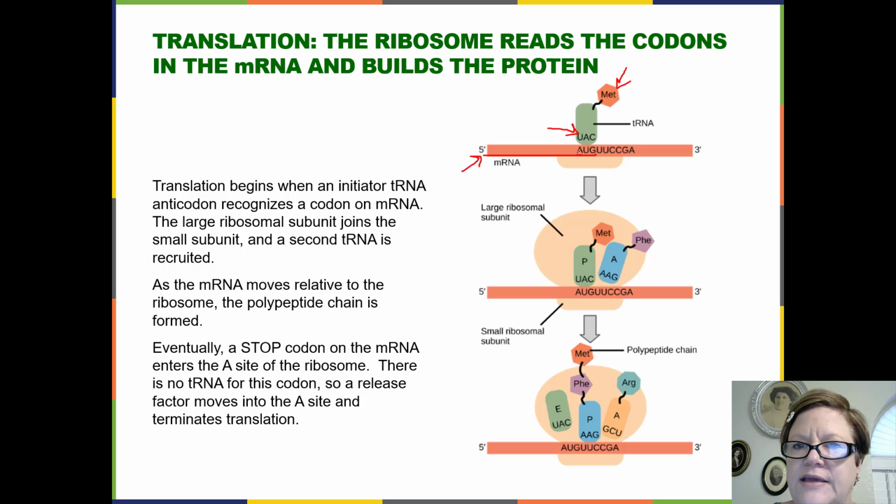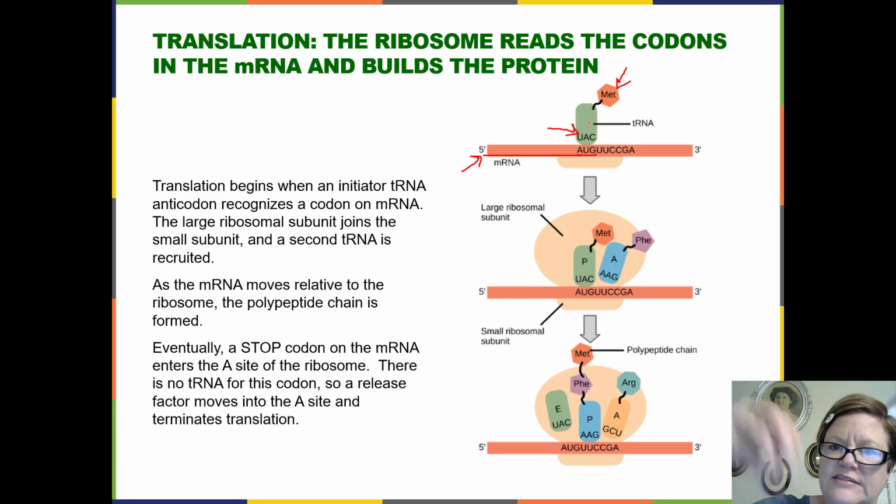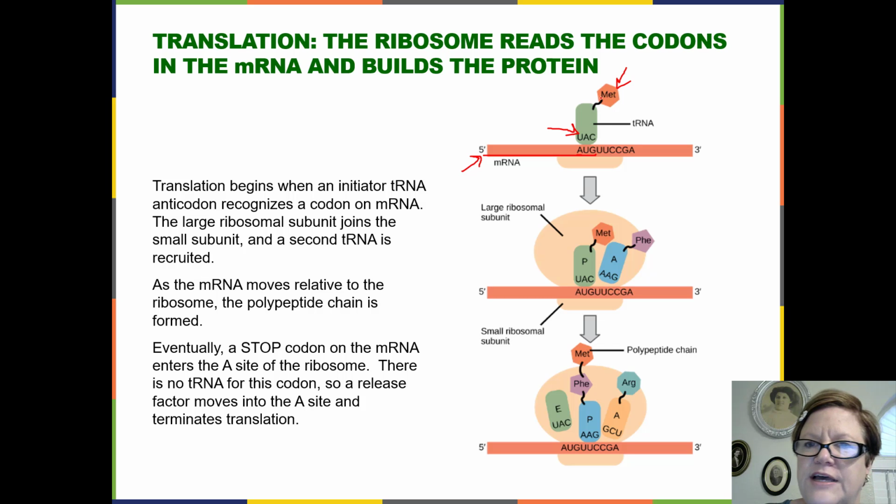And so when the AUG, and it has to be in that P site, remember the 3 places inside the ribosome? There's one called P. When the AUG is in that P site, then the tRNA that is complementary to AUG, is UAC, comes into the P site and sticks there briefly, and it always brings methionine with it, so that brings a methionine into the ribosome.